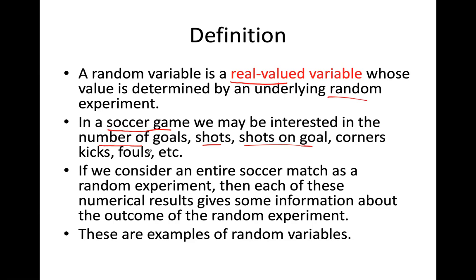Okay, so you might say there were this number of goals, this number of shots, this number of falls in a certain soccer match. So soccer match is a kind of random experiment in which you might get different numerical values, and these values will be our random variables.